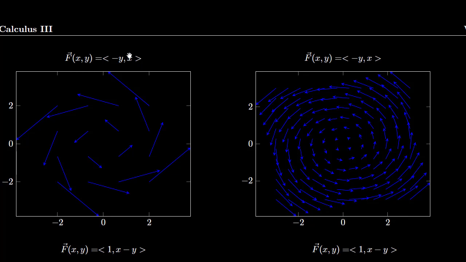But you notice this is just the negative of that other one we looked at, which was y, negative x, and we see that this field is revolving in the positive direction around the origin.